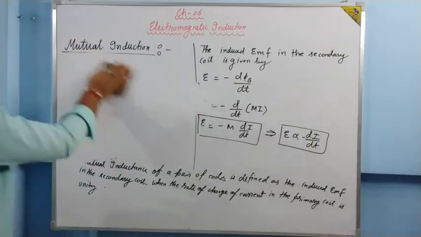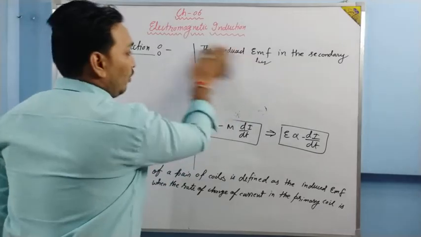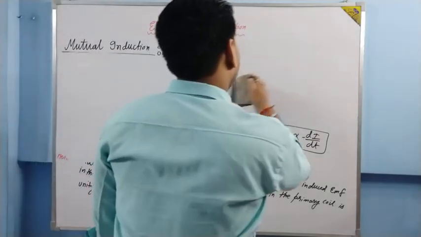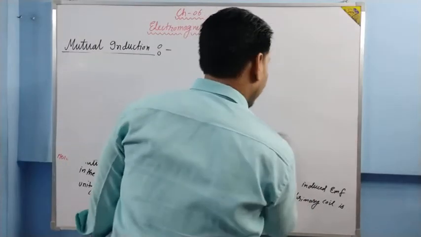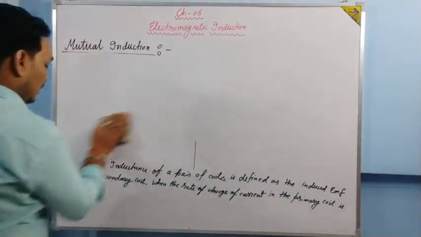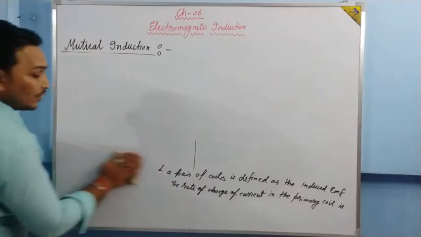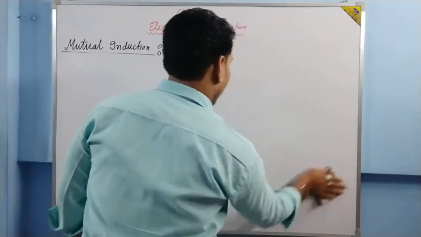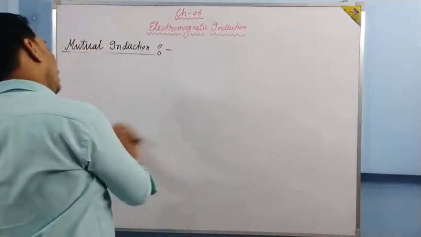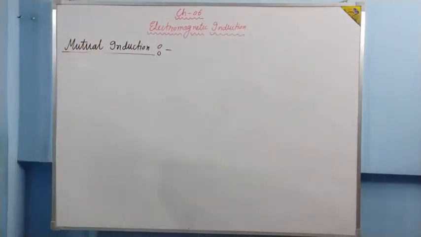You have to recall the unit of self-induction. We discussed in the last video lecture the unit of coefficient of self-induction, denoted by capital L. The unit is Henry. Here also the unit comes out to be Henry.